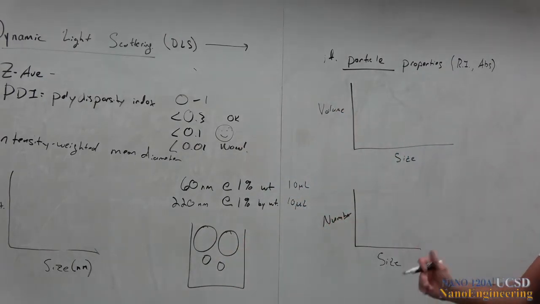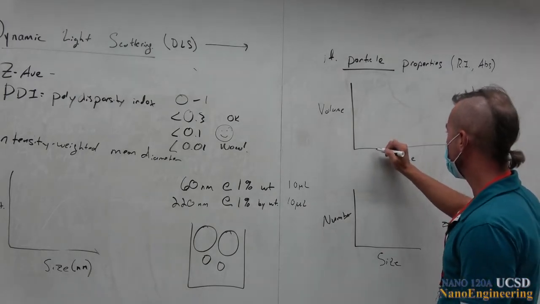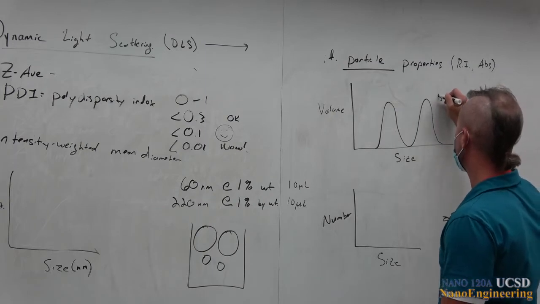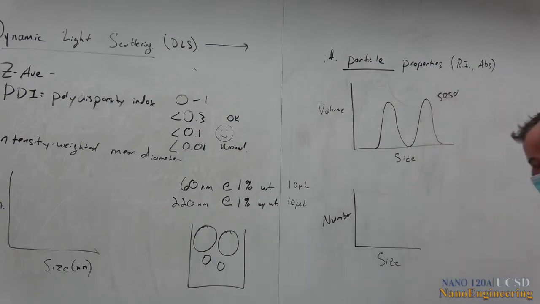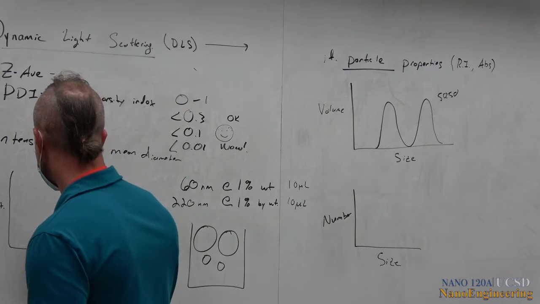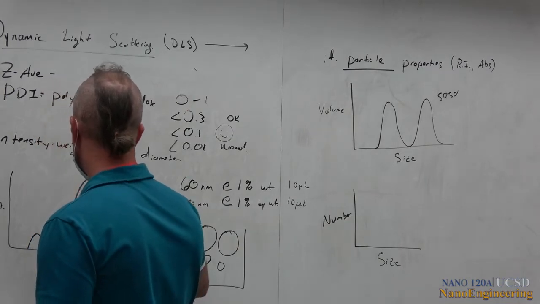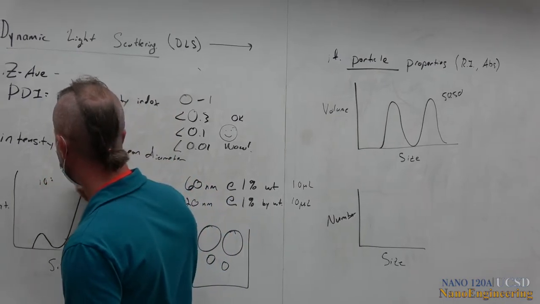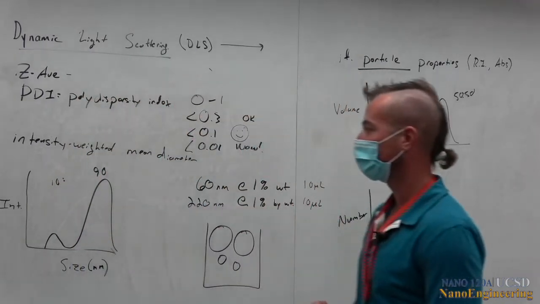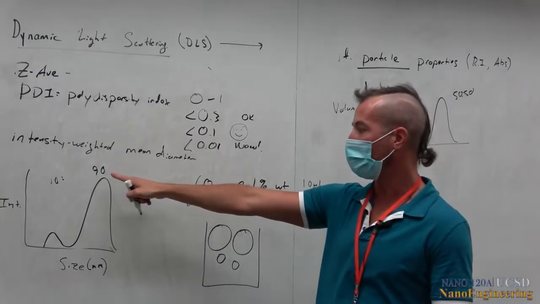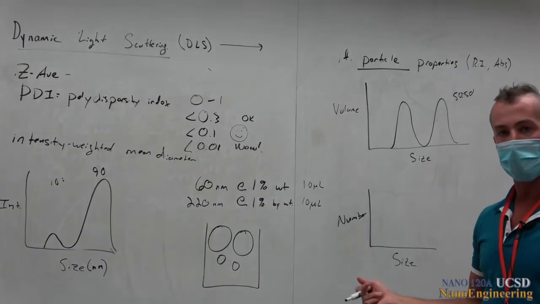If you tell the software, okay, show me the volume, it would look like this. 50, 50. But if you said, show me the intensity, it's going to be almost 10 to 90, because these larger particles are going to be scattering a lot more.